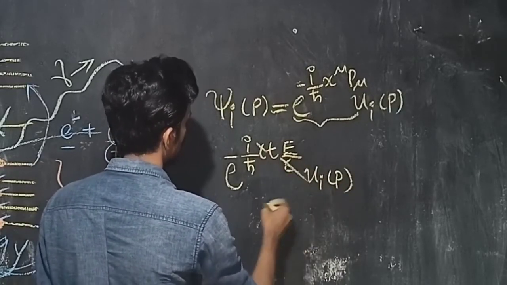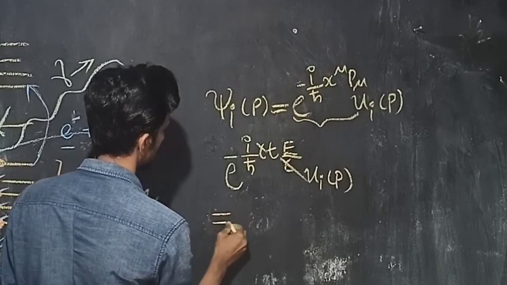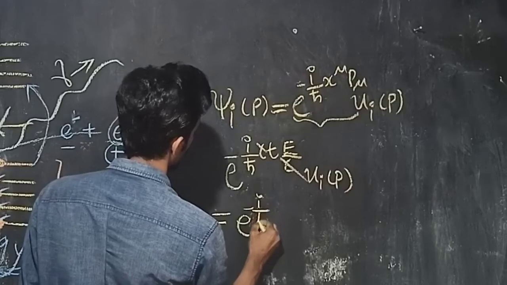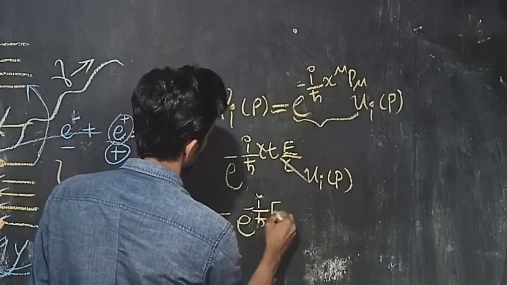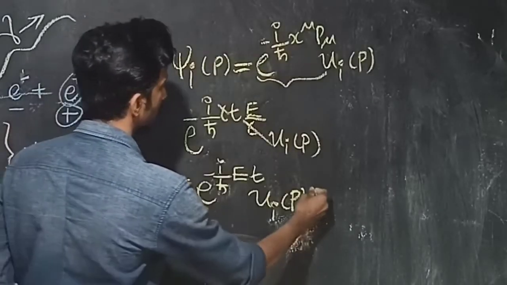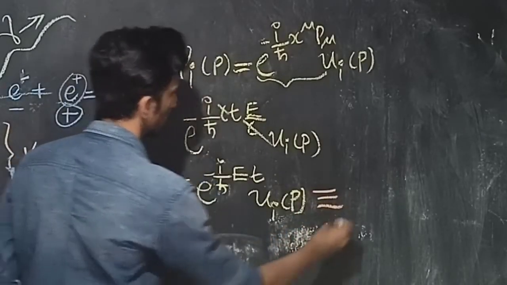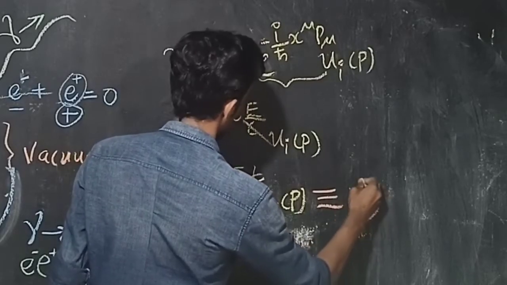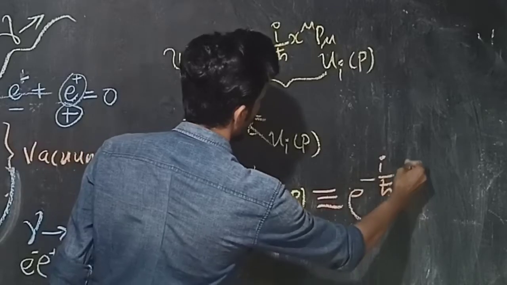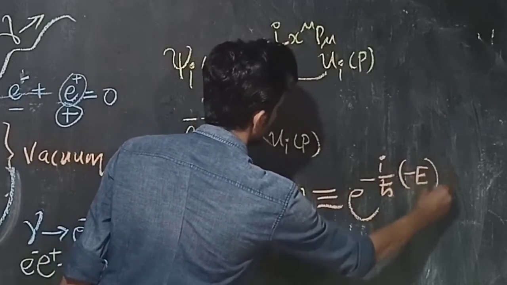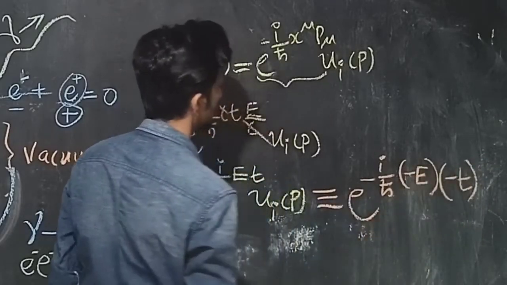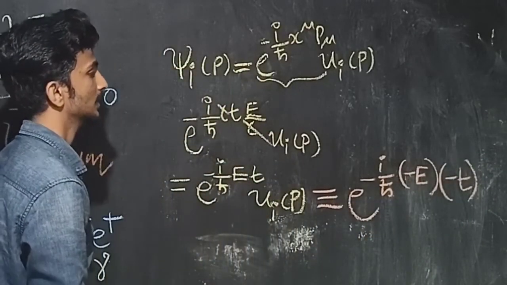So this c cancels and this gives e^(-i/ħ Et) u_i(p). In fact, this expression is equivalent to e^(-i/ħ (-E)(-t)), because these two minuses multiply and cancel to 1.